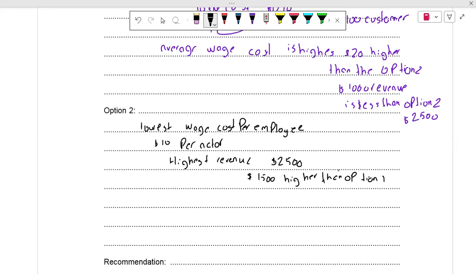Okay, but there are also some disadvantages: there is a higher number of employees, because we have to employ 25 employees for option 2. So a higher number of employees would be a negative thing per performance.